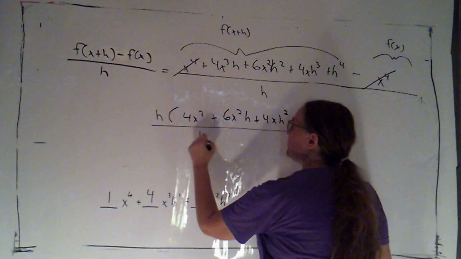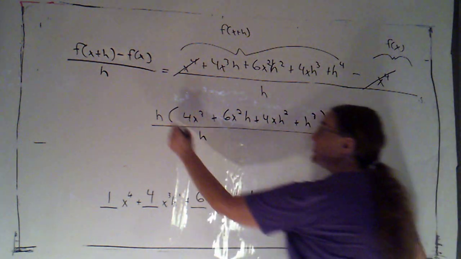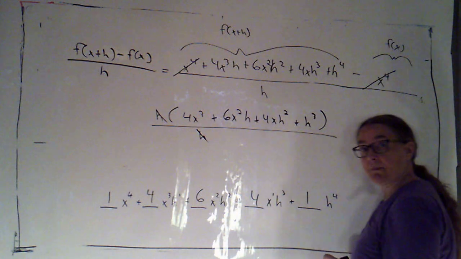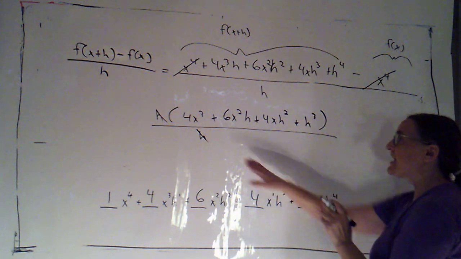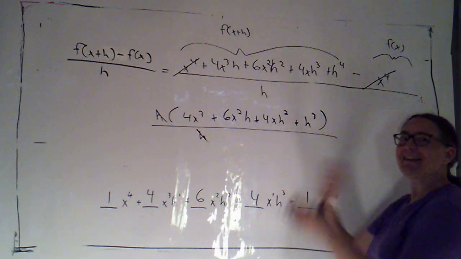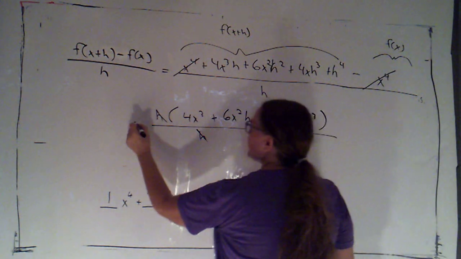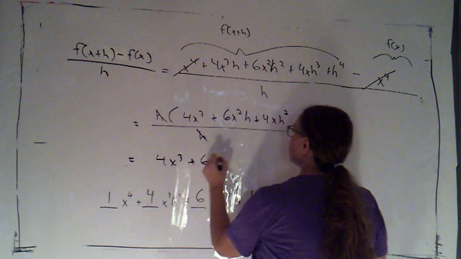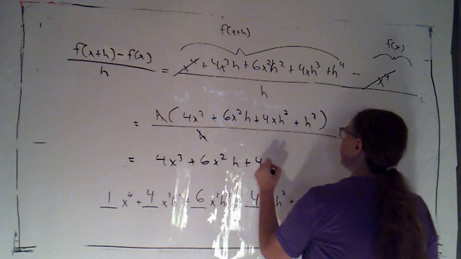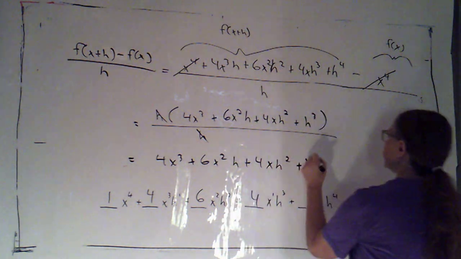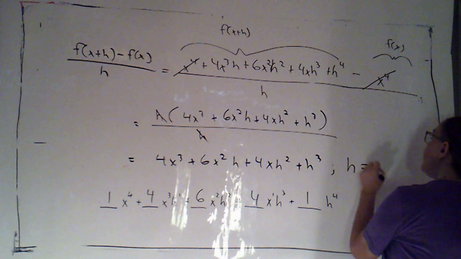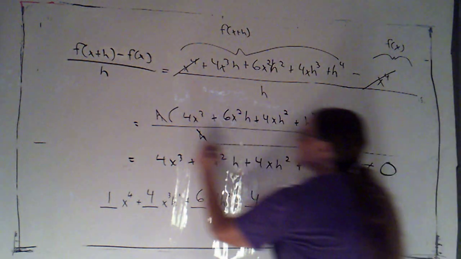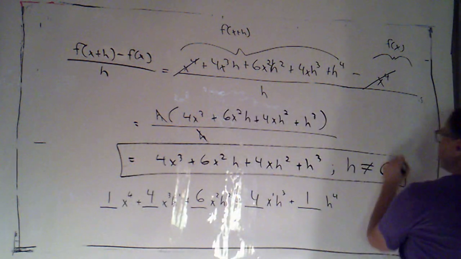And that's all over h. Now, with an h on top and bottom, I can cancel it as long as I record that h can't be 0. So I can say this is the same as 4x cubed plus 6x squared h plus 4xh squared plus h cubed, with the restriction that h is not 0.